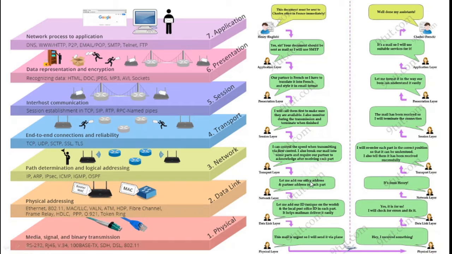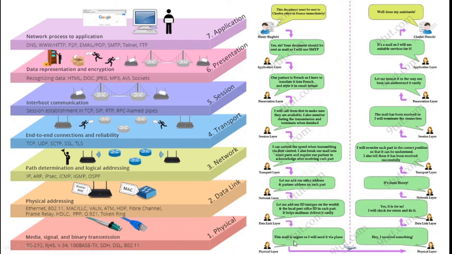Once those parts are given to the network layer, it says let me add our office address and partner address on each part. So every part is added with the address of both of them, and it is sent to the data link layer, where the data link layer says let me add our unique ID in the world and the local post office ID in each part, so that it helps the mailman deliver it easily.